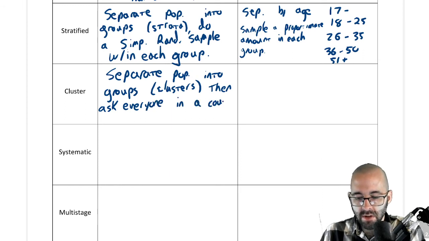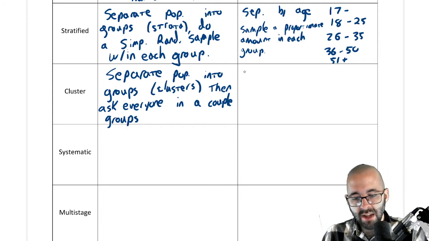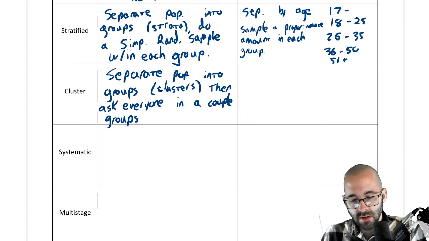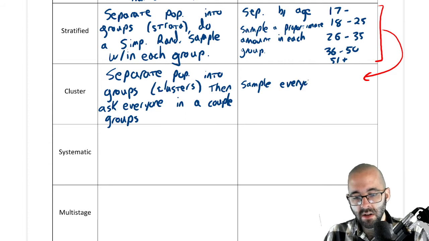In a couple groups. And it depends on how many groups you want to ask. So here, we're going to do the same thing as before. Separate into the same groups, but then what's different is we'll sample everyone from 2 random age groups.